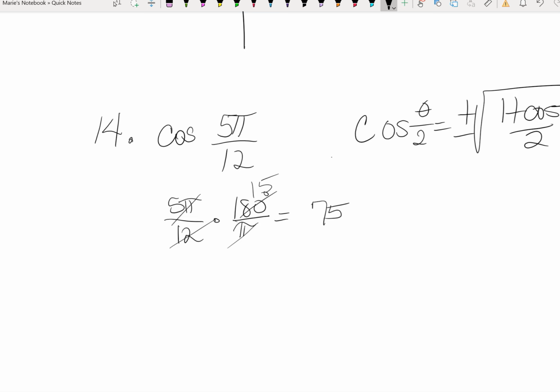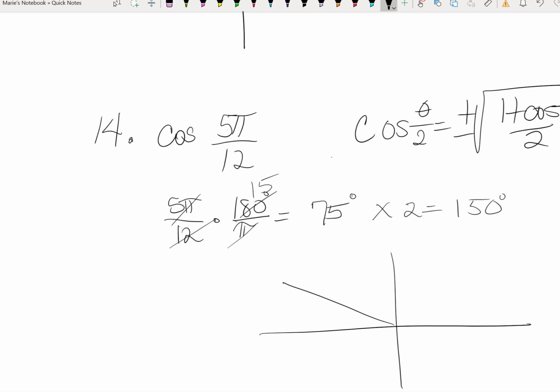So this is 75 degrees, which, if I multiply times 2, I get 150 degrees. So I'm looking really, in reality, at an angle that's sitting over here, creating a 30-degree angle where I'm looking to actually compute my theta. So my theta is actually going to be in the 30 degree mark.